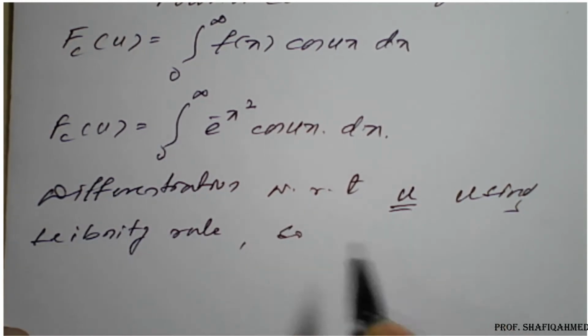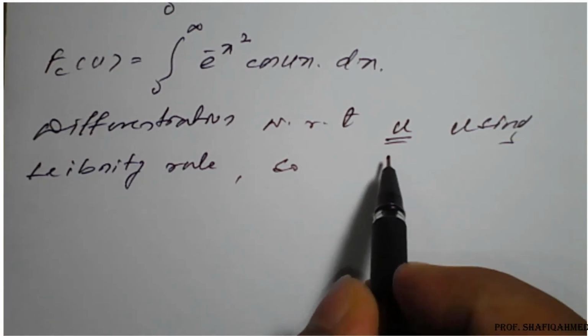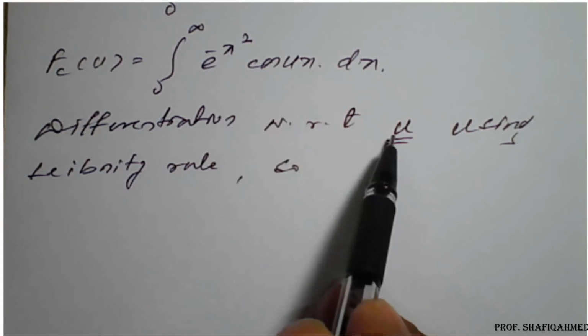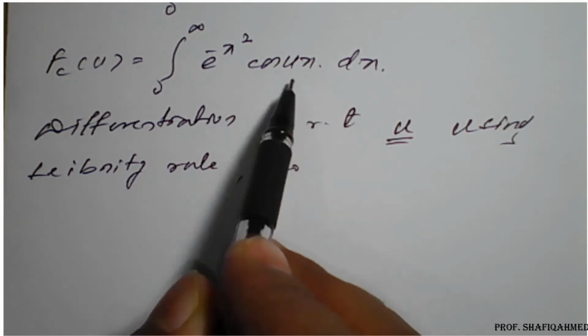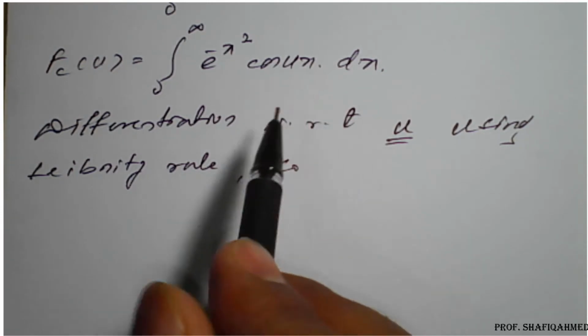Be careful: differentiation with respect to u. So how do we apply Leibniz rule? We need to differentiate under the integral sign with respect to u, which means the x function will be considered as constant.